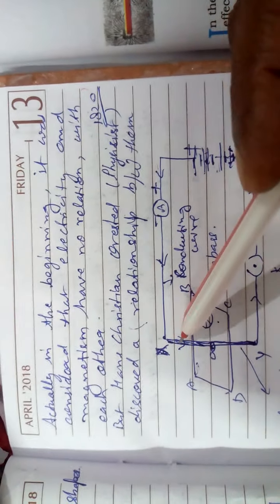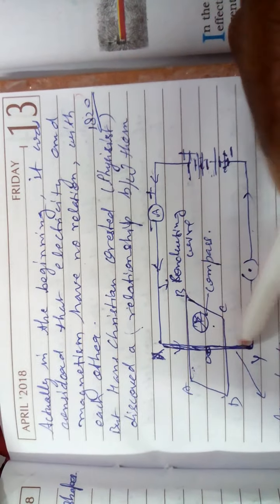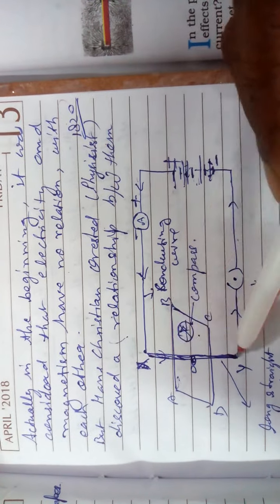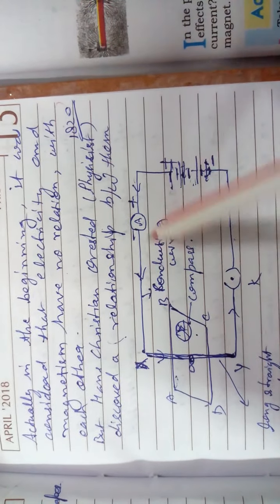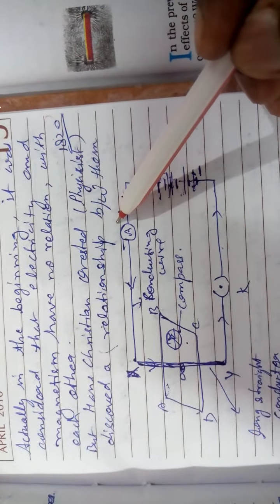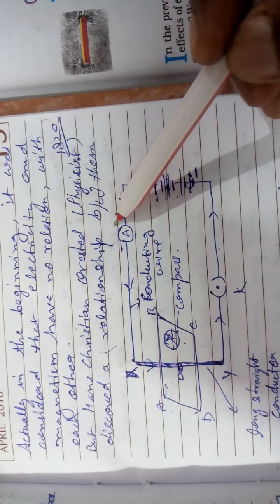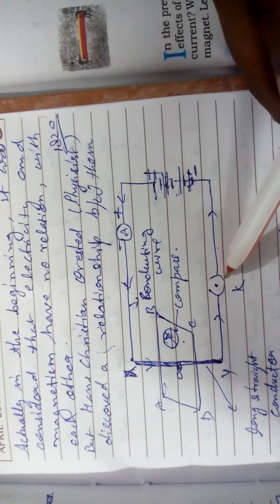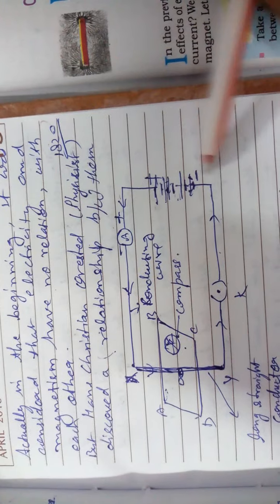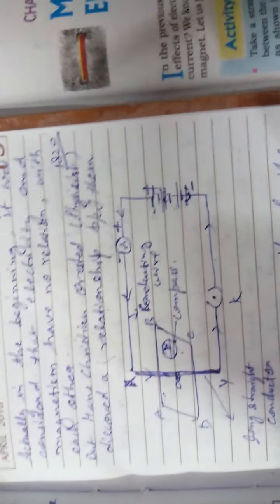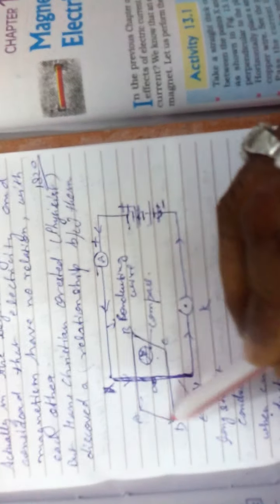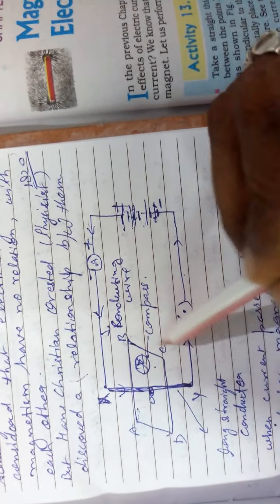So by experiment, he took a long straight conductor and conducting wires, a meter which measures the current, a key, and batteries, plus and minus, many cells joined, and they put this wire in a hardboard. ABCD is a hardboard.